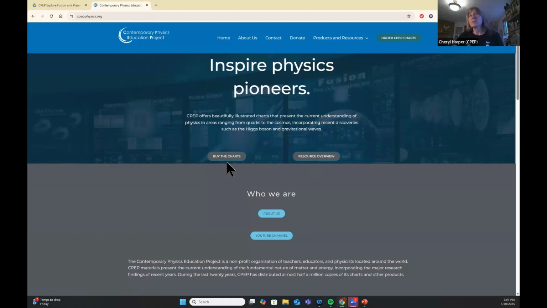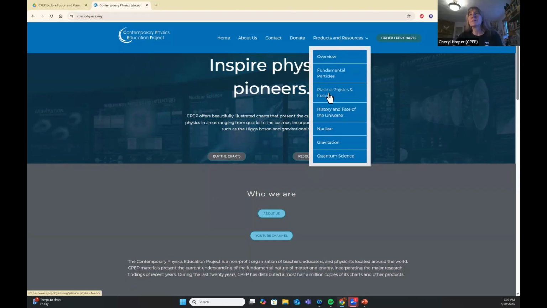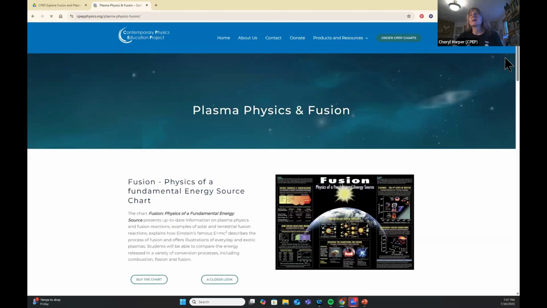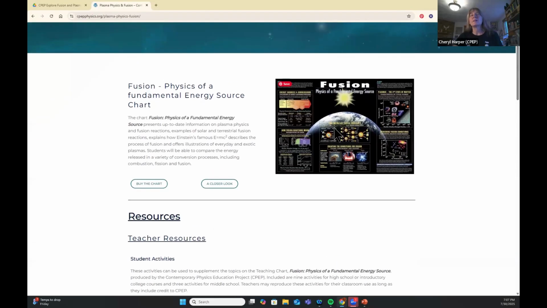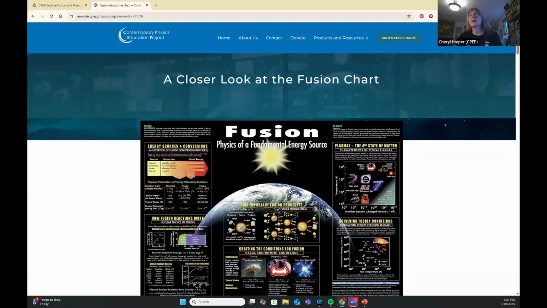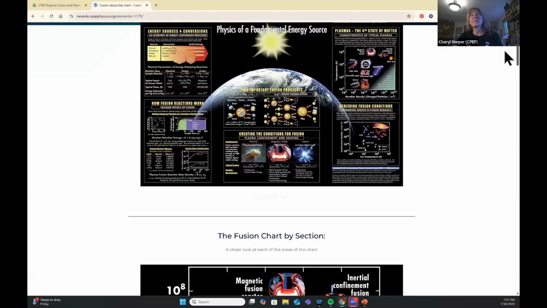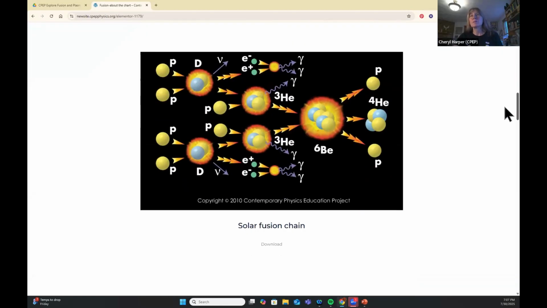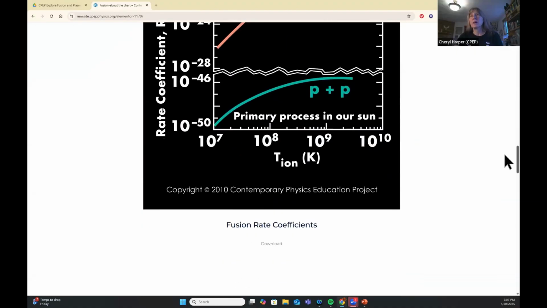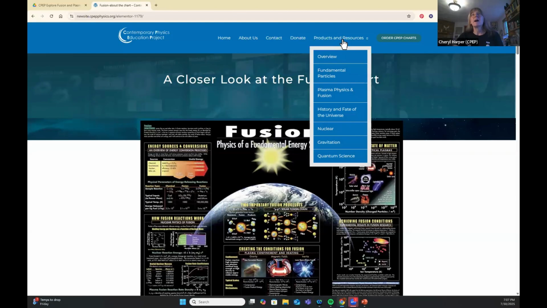If you want to purchase the charts, you can through Amazon. But if you look here, for example, if we go to plasma physics and fusion, the chart is there. You can take a closer look at the chart and project it if you want to, the different parts of the chart and so on. So we'll be talking about that today.